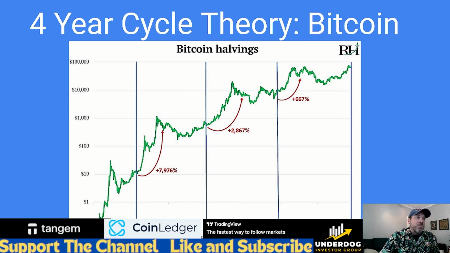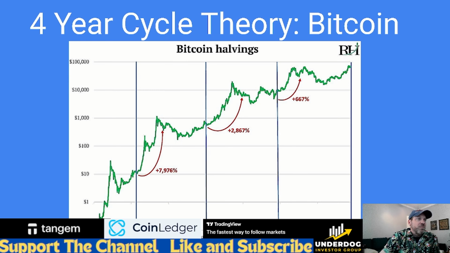Now, I do not have this marked on the chart, but where the mouse is right now, here, would be the bottom of the first bear market. The next one would be right here. That was the bottom of the second cycle, which actually would have fell close to August of 2014.